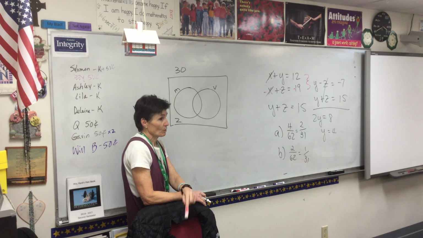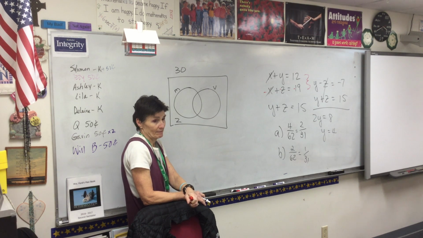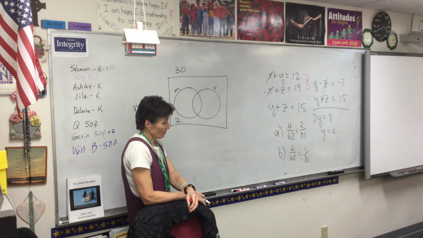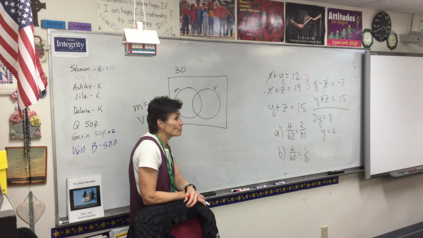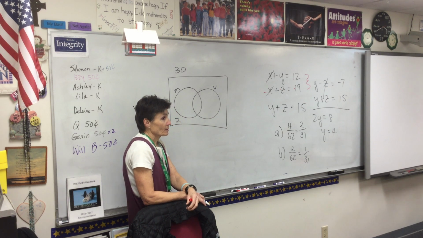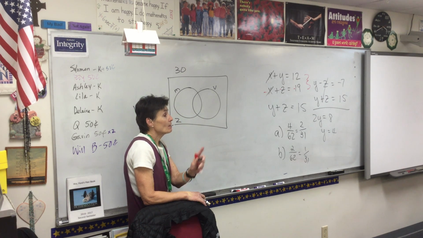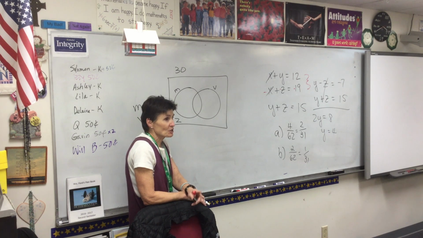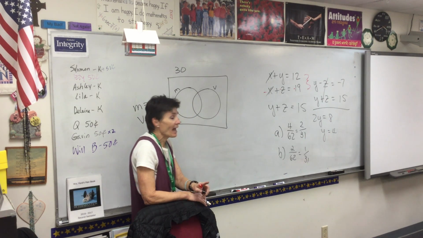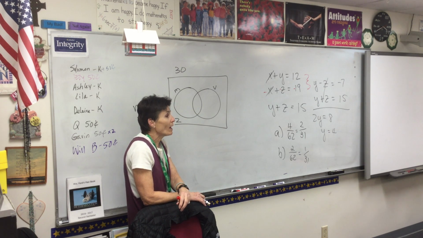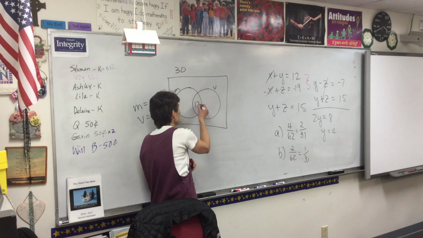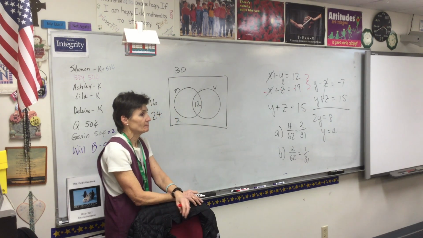But 40 votes were cast. So what does that mean? Some voted twice. How many voted twice? How many extra votes were there? Okay, guys, oh my gosh, 40 votes were cast. There's 28 people. How many extra votes do I have? 12. So 12 people voted twice.